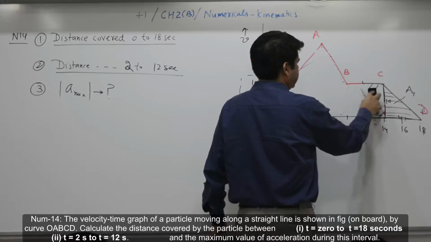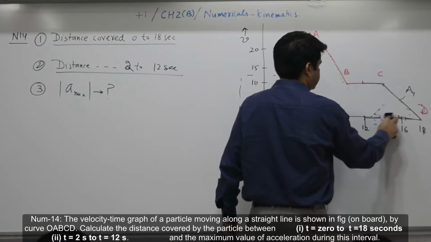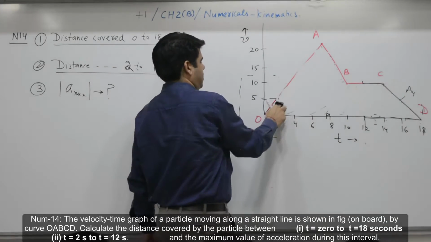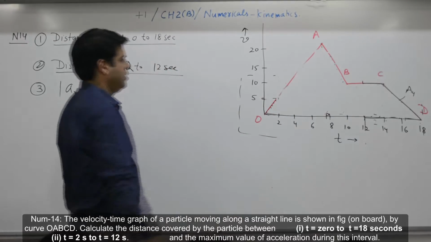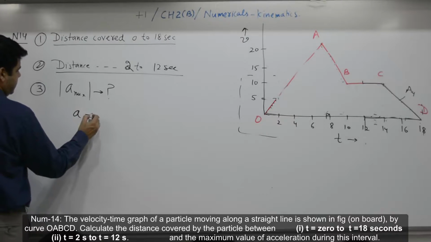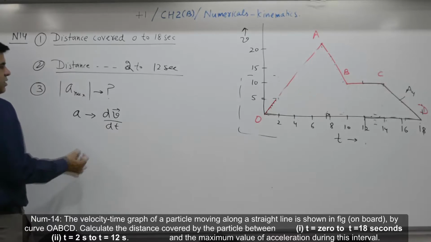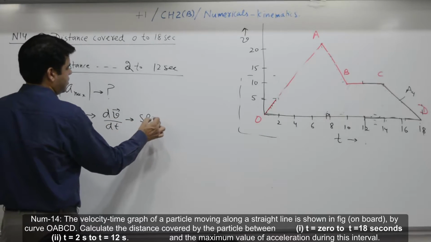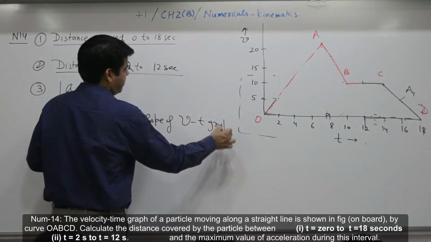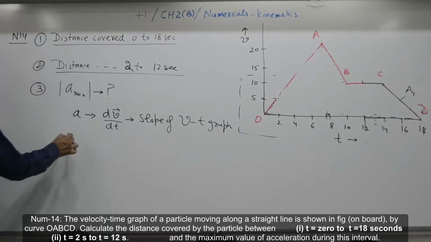Yes, as per definition, acceleration is what? Rate of change of velocity with time. That gives what? Slope. Slope of a velocity time graph. Find the slope in each part.